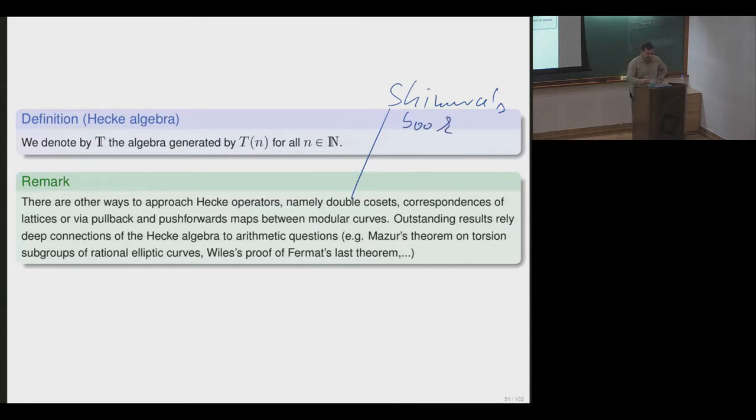You can find Hecke operators as being correspondences. I think we've seen also this push forward and pull backs. So this is, for example, in Rohrlich's article in this Cornell-Silverman book, which is called Modular Forms and Modular Curves.